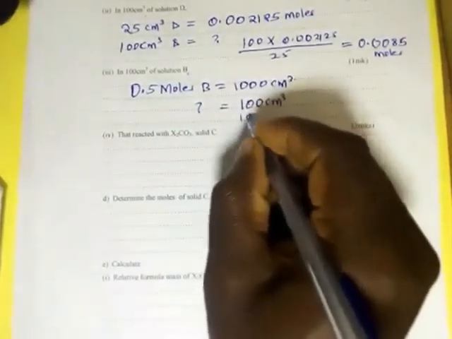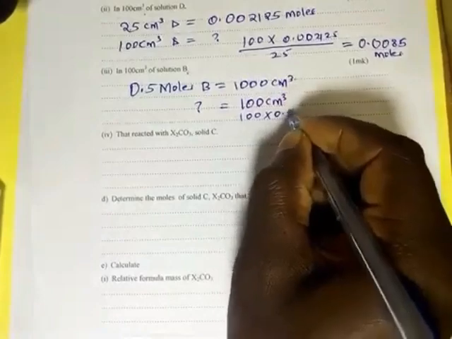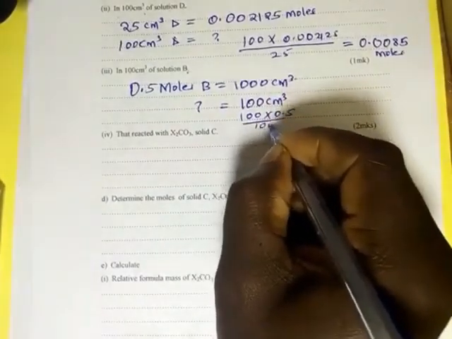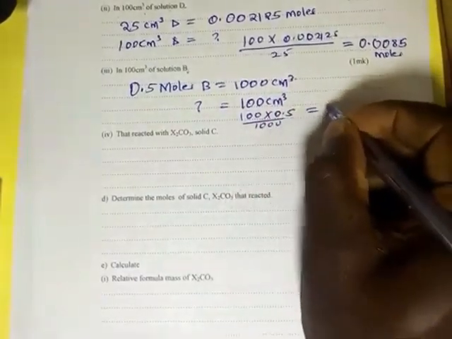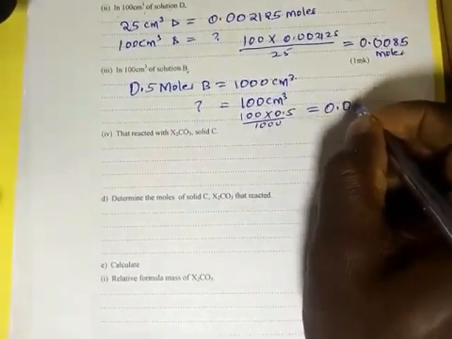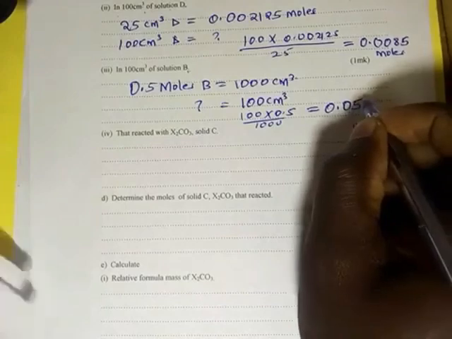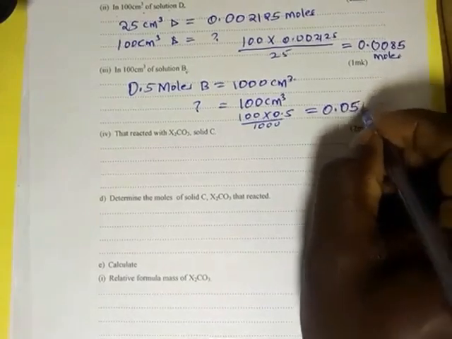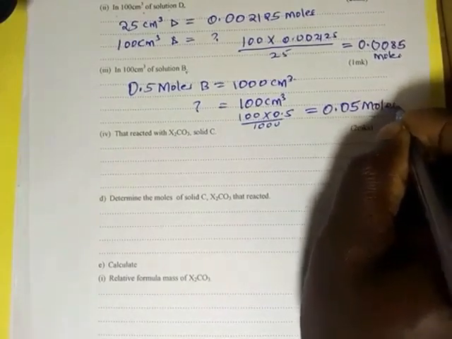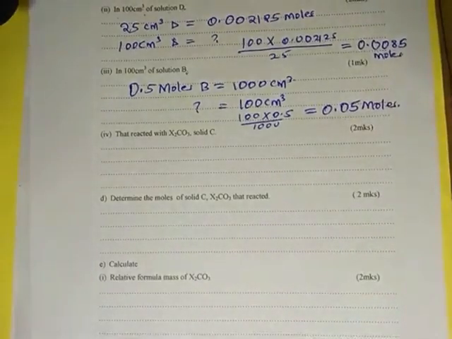So it is 100 times 0.5 divided by 1000, and this one is going to give us 0.05 moles.